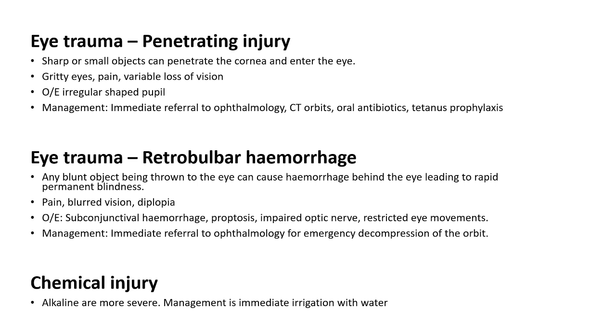On examination, there will be subconjunctival hemorrhage, proptosis of the eye, restricted eye movements, and reduced optic nerve function. Management is with immediate referral to ophthalmology for orbit decompression to avoid any further optic nerve damage.